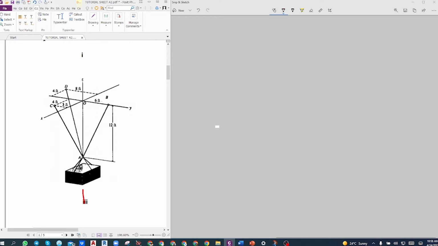We were supposed to give it a 200 Newton force as the weight of this block, and then the task we had was to actually find the components of the forces.